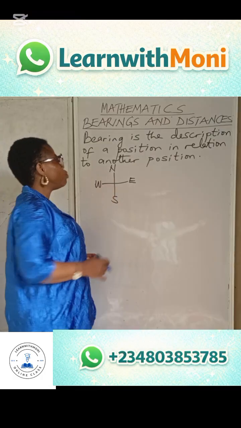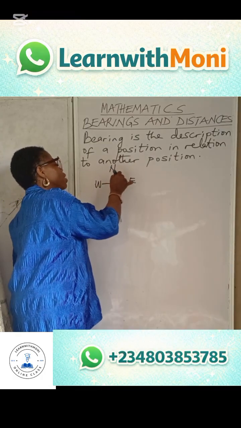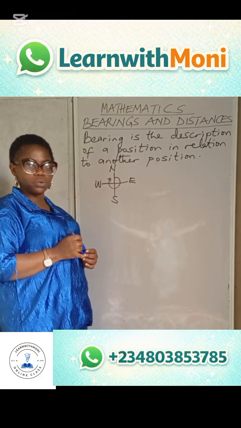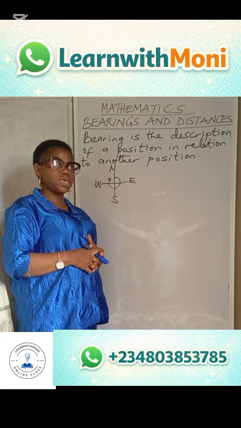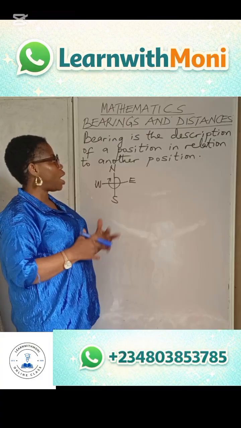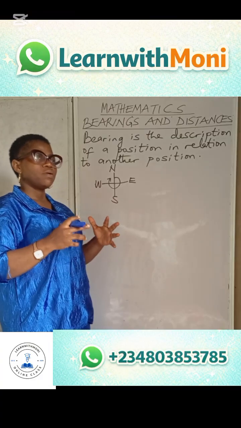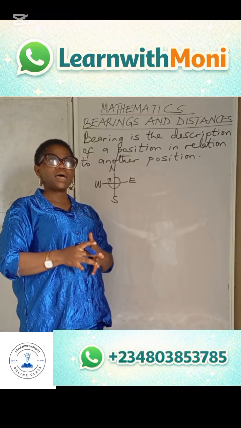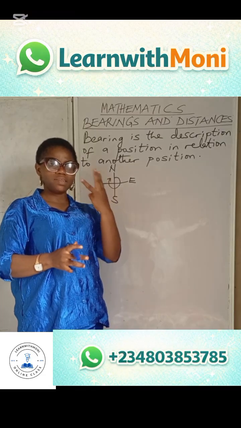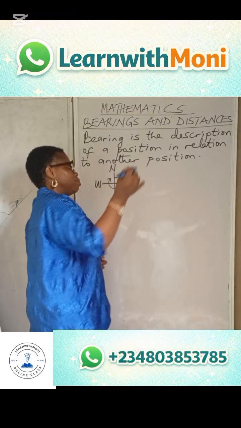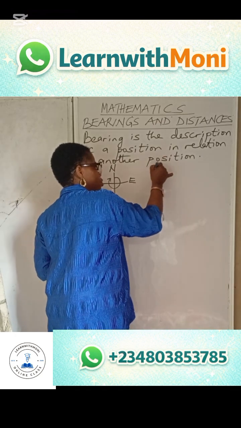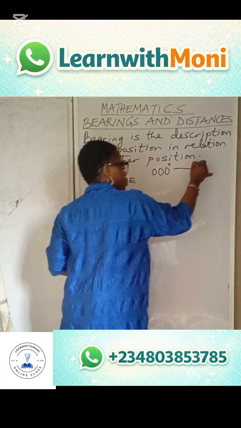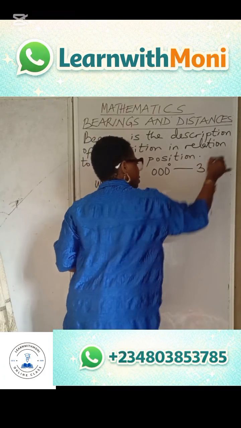Under bearing, we take readings clockwise, that is from the north pole. That is how we take readings in bearing. Another thing is that under bearing, the angles are always described as 3 digits, which means angles range from 000 degrees up till 360 degrees.